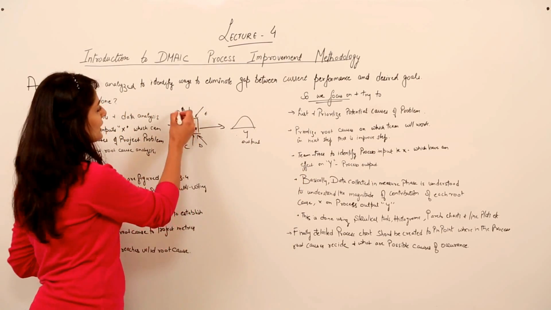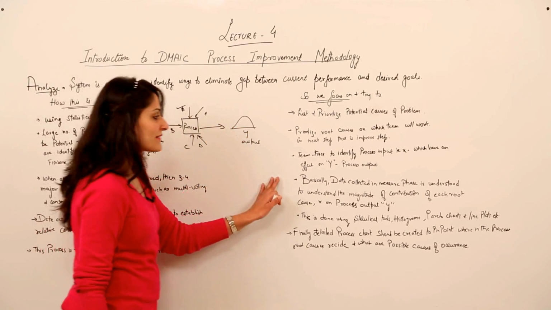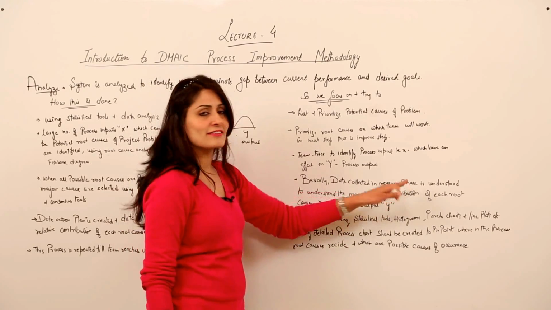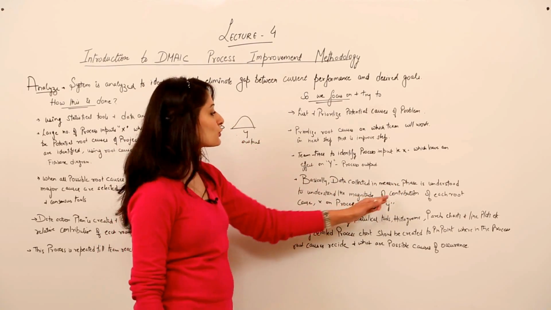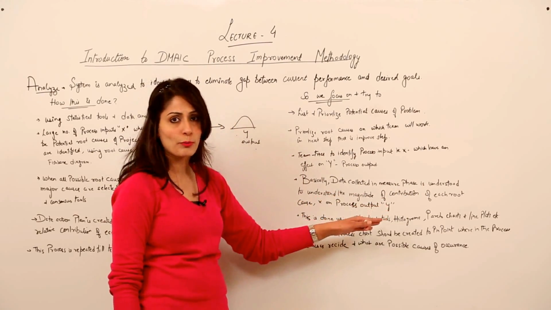This means which input has maximum impact on the output Y, and basically for this, data collected in the measure phase is used to understand the magnitude of contribution of each root cause on the process output.